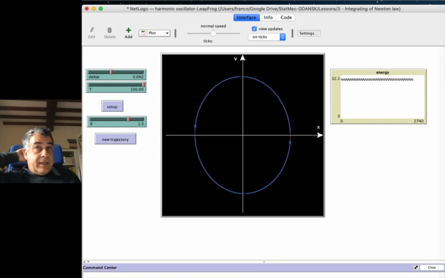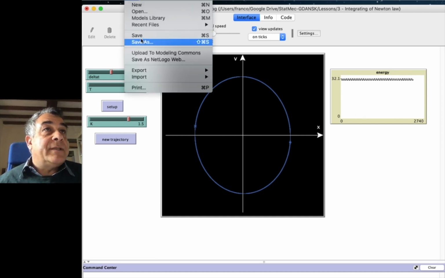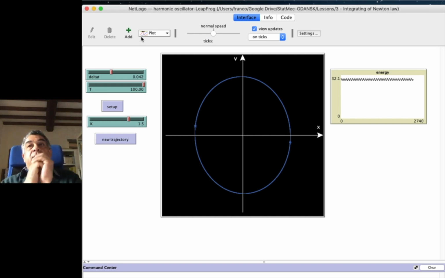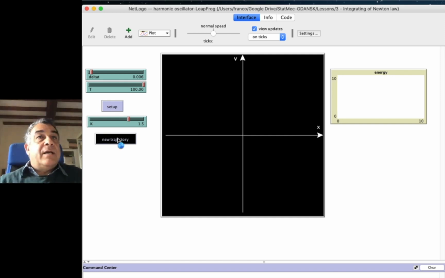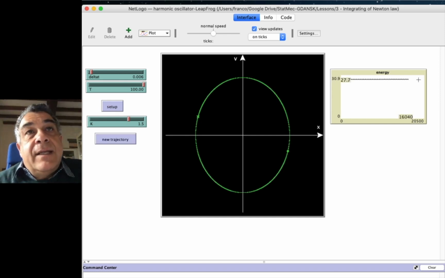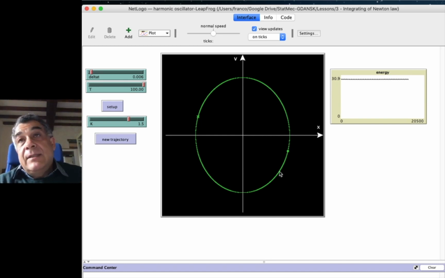Okay, so we can also produce this new plot. So I may save this new version so that you can find it on the web page. Clearly, if I reduce the time interval, I get less oscillation, and the curve is much more symmetric. Clearly, this has the cost of increasing the number of time steps.